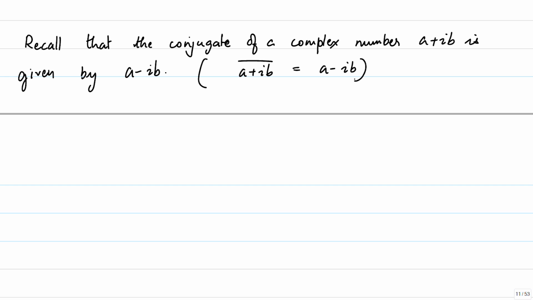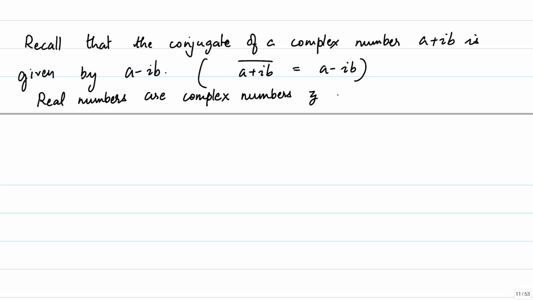So, what does this mean in the case that our complex number is a real number? So, what are real numbers? Real numbers are complex numbers with the imaginary part equal to 0.